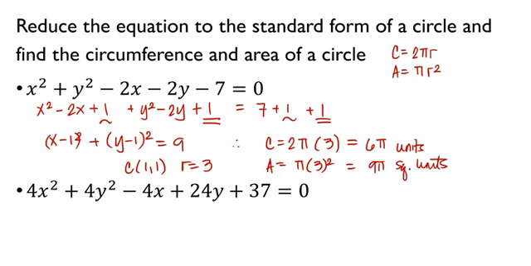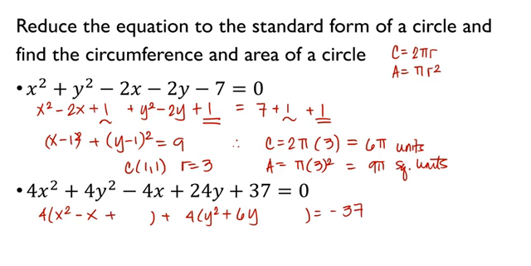So for the next one, let's divide everything by 4 first, or let's just divide it later on. So 4x squared minus x plus 4y squared plus 6y, and then let's move the 37 to the other side.